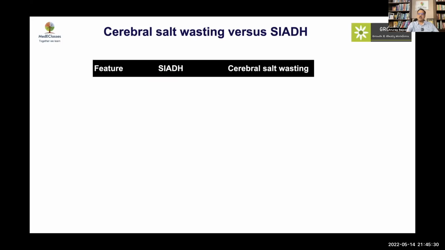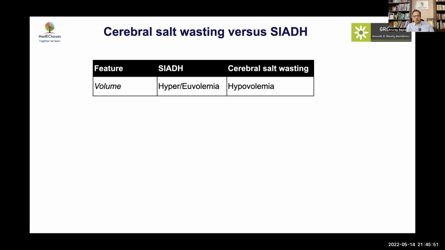Now, often this is confusing, whether it is SIADH versus cerebral salt wasting. You have a neurosurgical patient, somebody who has a CNS infection or a head trauma, you have hyponatremia, whether it's SIADH or cerebral salt wasting. Theoretically, very easy. SIADH is low urine output, cerebral salt wasting is high output, but often it may be confusing. So what is important is volume.